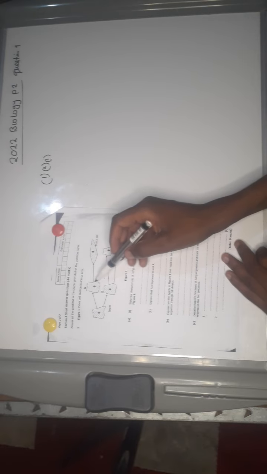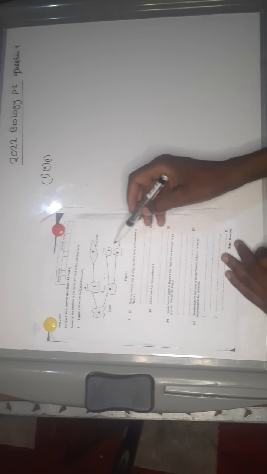If you look at the diagrams carefully, from a cell to 2 more cells, then from this cell we have the muscle cell, from this cell we have again 2 more new cells. So this diagram is representing growth, where an organism is growing. So the answer for Roman numeral 1 is growth.